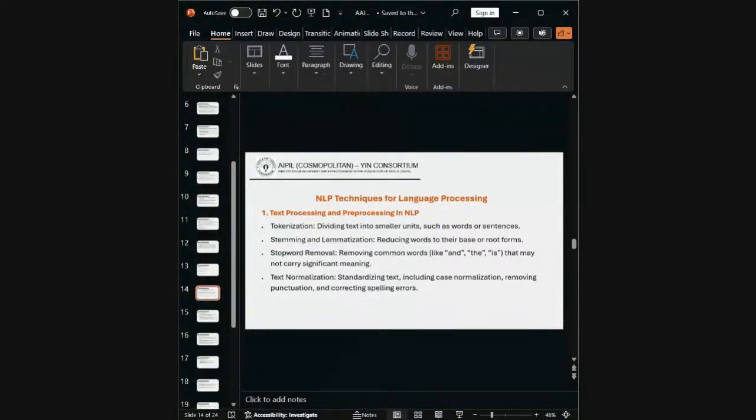And then text normalization, standardizing text, including case normalization, removing punctuation. Case normalization is uppercase, lowercase, that's capital letters, small letters, and so forth. They are trying to understand all that. And then removing punctuation and correcting spelling errors. This is text normalization.